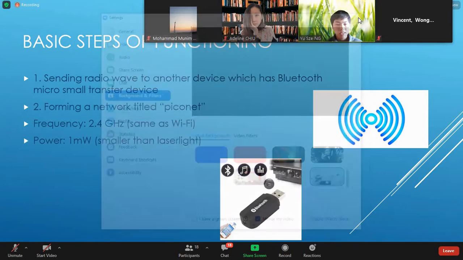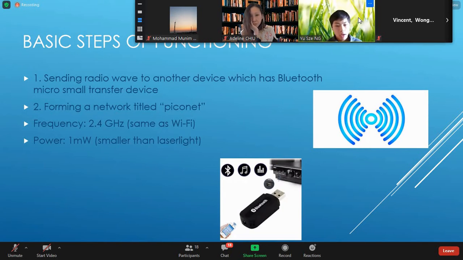But Bluetooth won't have such problems since the frequency keeps switching between 2400 megahertz and 2480 megahertz. So they have the same frequency as Wi-Fi, but they can switch from time to time.